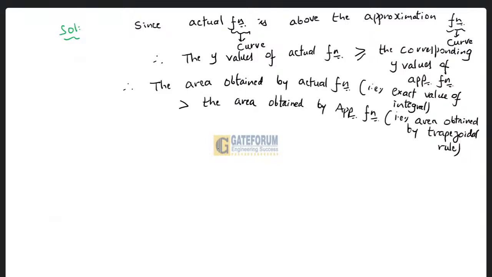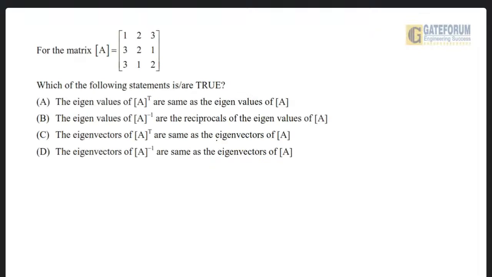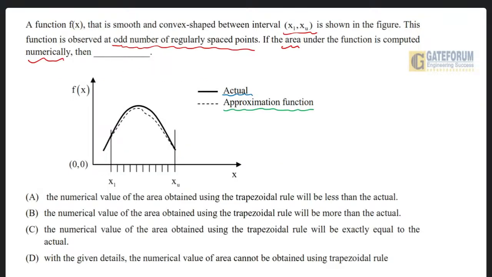So the numerical value of the area obtained by the trapezoidal rule will be less than the actual. Actual value of the integral means exact value of the integral. So that corresponds to the thick curve, the actual function.